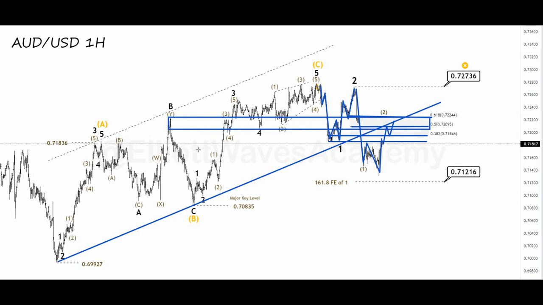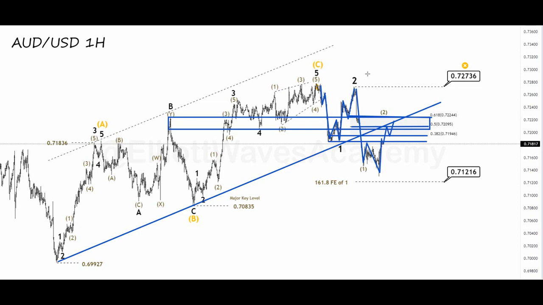This area reacted as a resistance and then as a support. So when price gets there, we're going to expect resistance. And also we have the 61.8 and 50% levels, and a retest of a broken ascending trend line. So three factors that can work together to push the price to the downside.